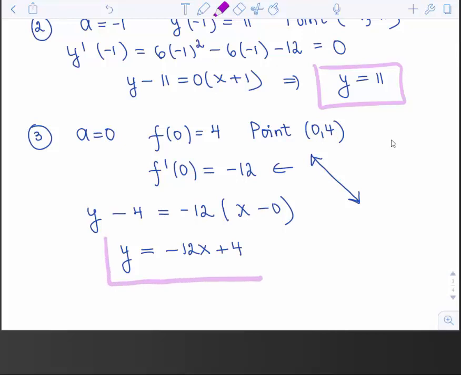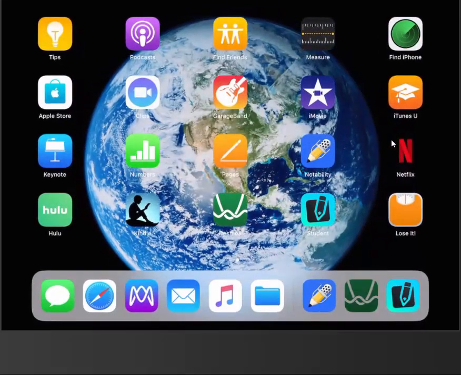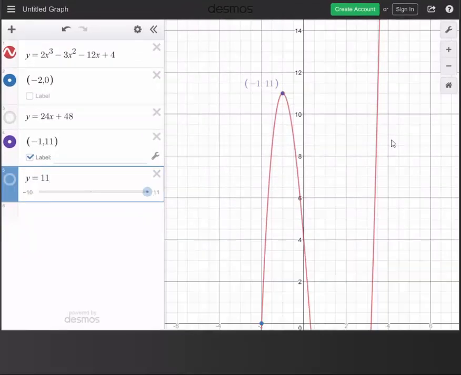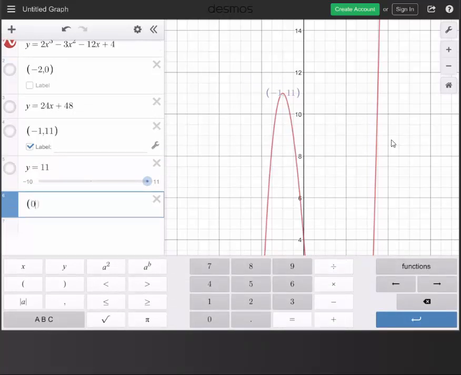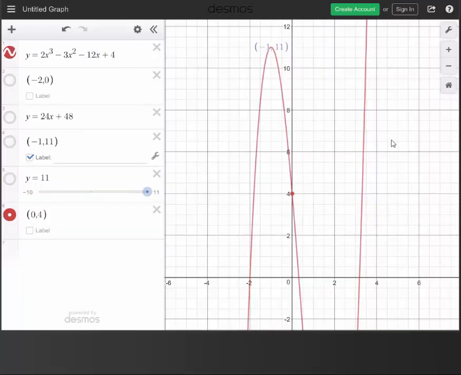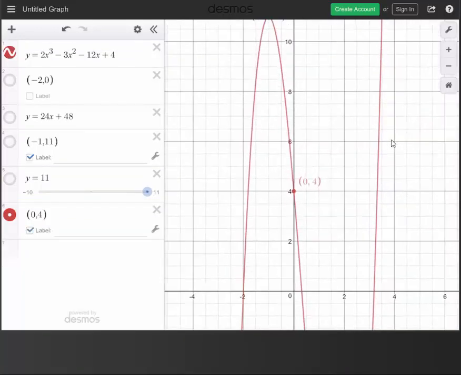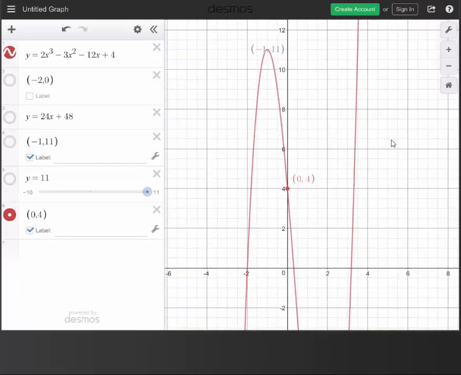That is my equation. Okay, let's go ahead and check this one as well. I don't need these for now anymore. What was the point? The point was 0, 4. Yes, there it is. Let's label it. I already see that the slope should be negative.